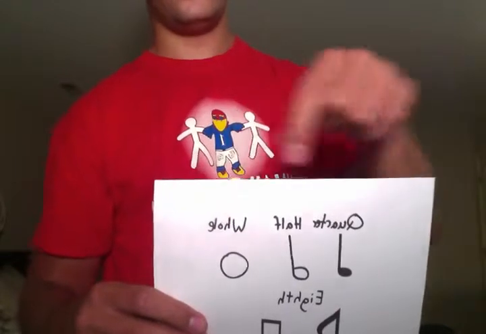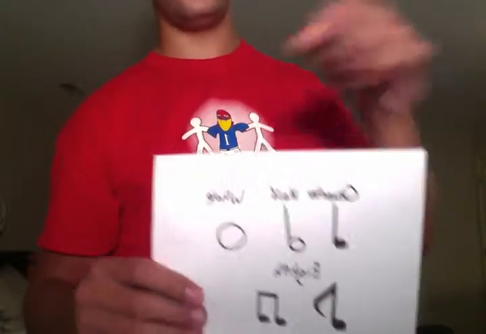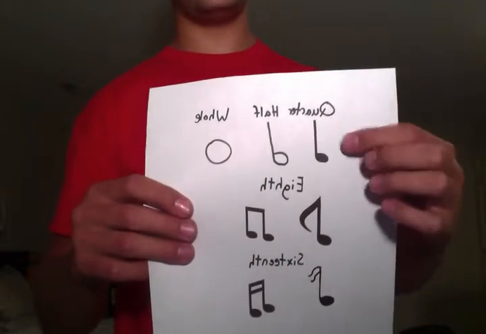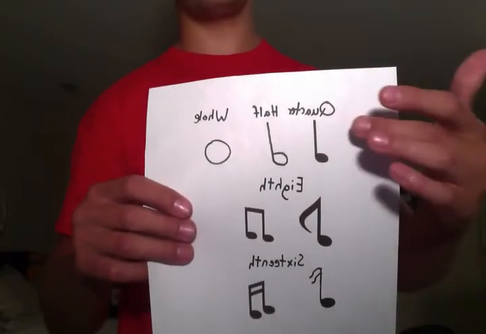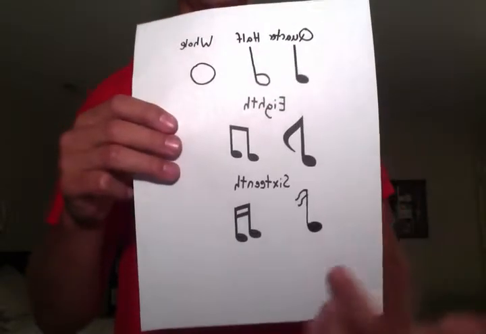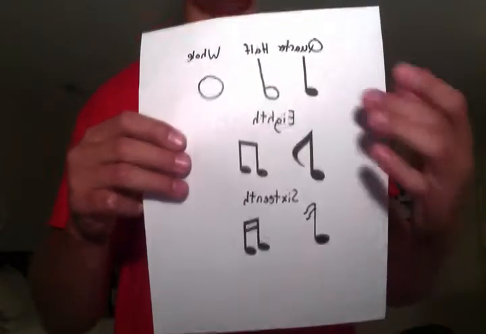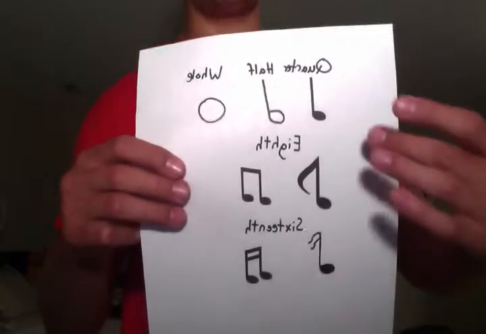And then a whole note, there are 2 half notes in each whole note. The next one here, the eighth note. There are 2 eighth notes per quarter note because 1/8, 1/4. Next here we have the 16th note. There are 4 16th notes in a quarter note, because 1/16, 4/16, it's just simple math.